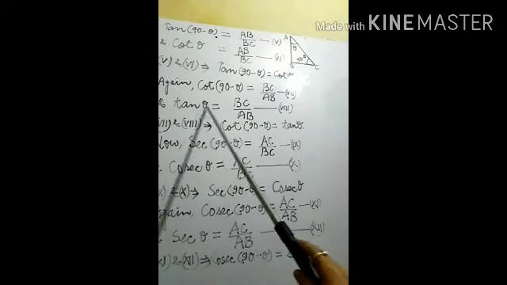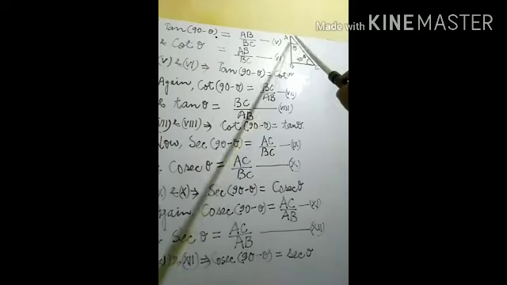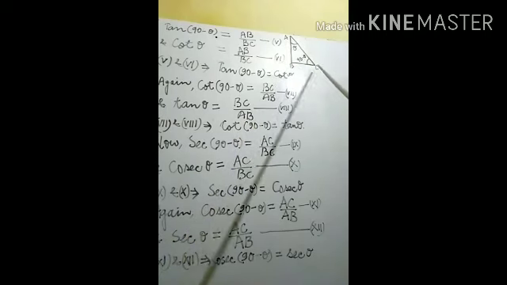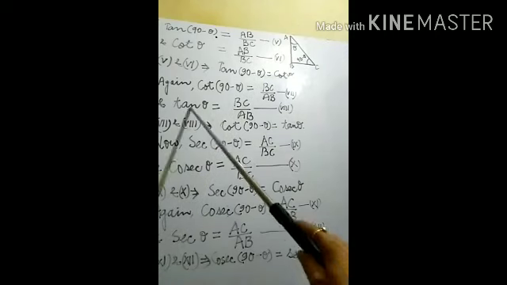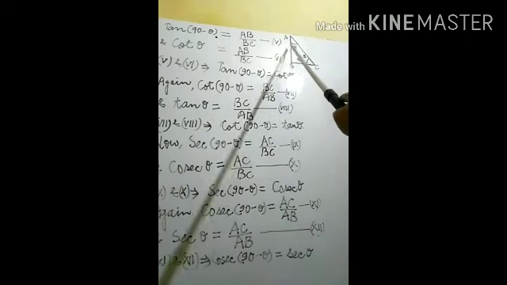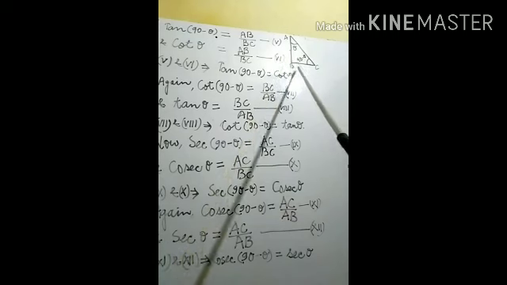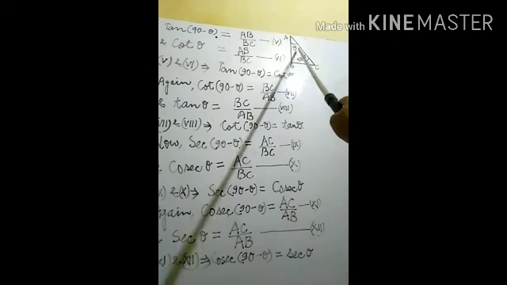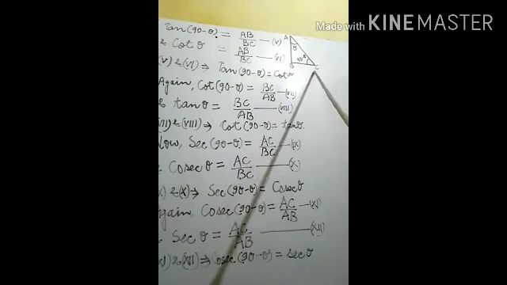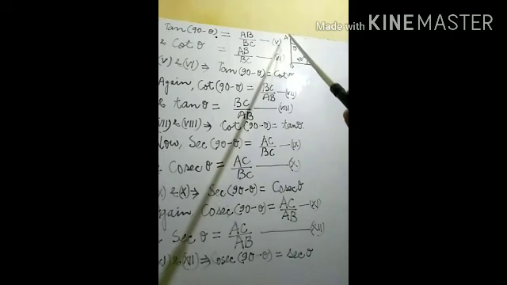Now tan of theta, this angle is taken. So for this angle, AB is base, BC is perpendicular and AC is hypo. So tan of theta means for this theta, this one is perpendicular and this one is base. Tan of theta is perpendicular over base, perpendicular is BC, and what is base here?